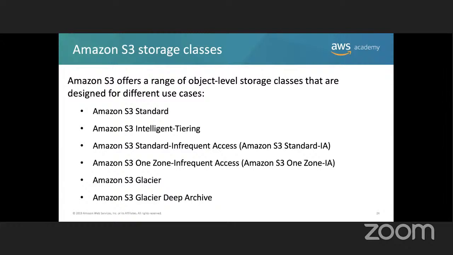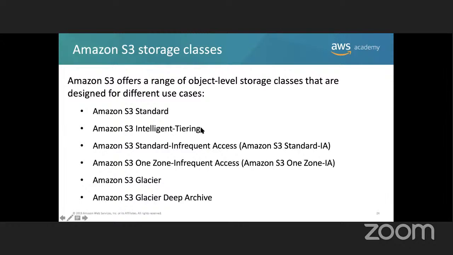It delivers low latency and high throughput, so it's appropriate for a variety of use cases, including cloud applications, dynamic websites, content distribution, mobile and gaming applications, and big data analytics. Now we have Amazon S3 Intelligent-Tiering, which is quite new, from last year only.